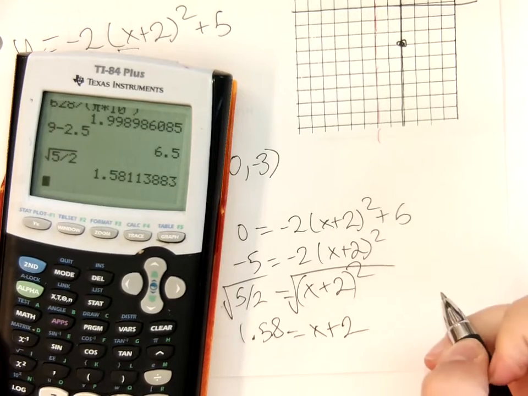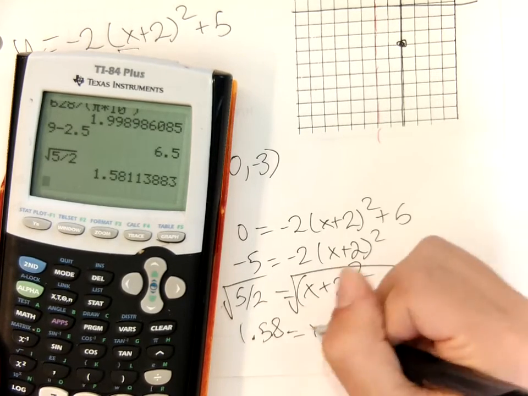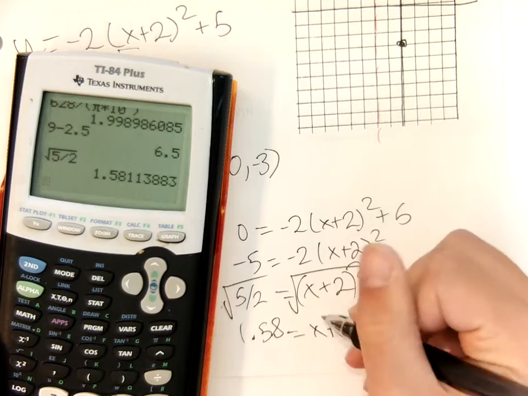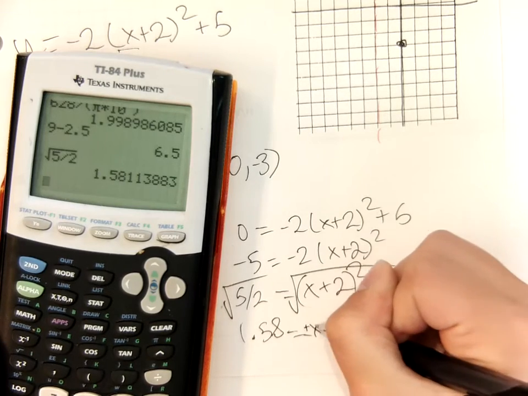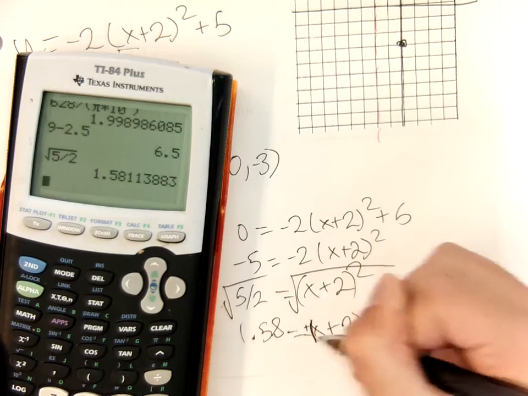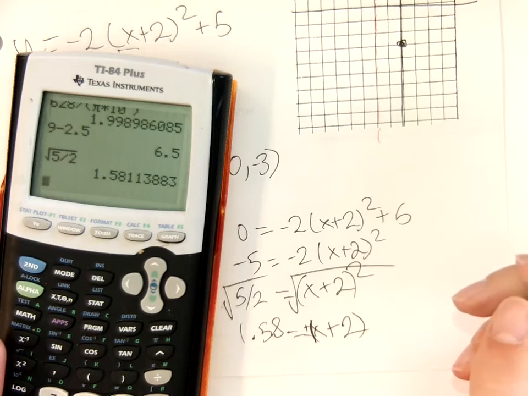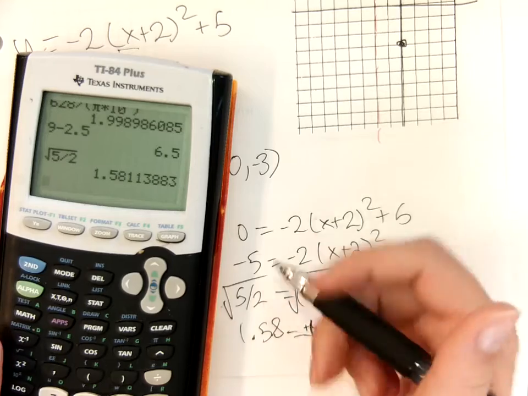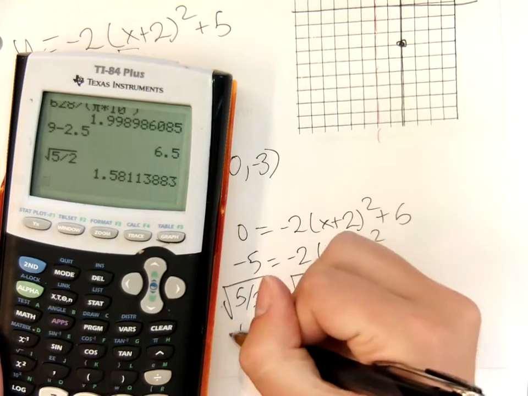How many answers? Plus or minus x plus 2. And that's in parentheses, right? Right. Well, I put it on the 1.58, but that's okay. Oh, yeah. Make it easier for you.